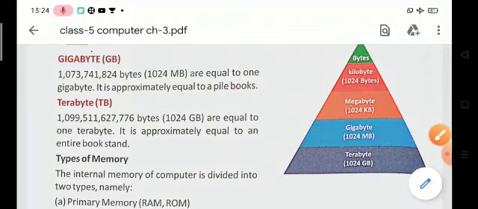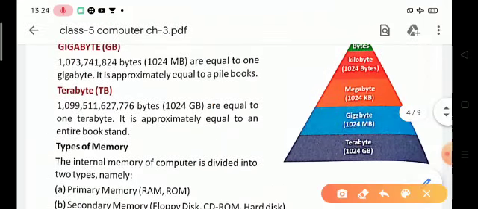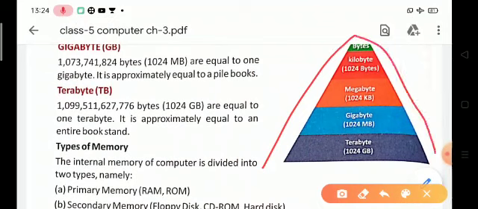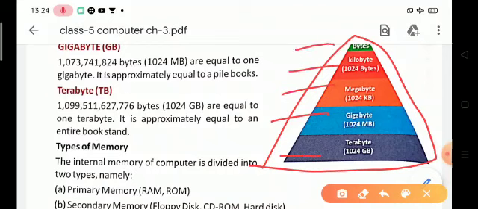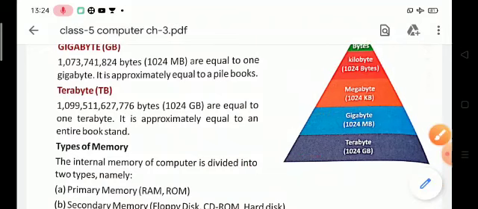Look at this hierarchy. This is the order of computer memory: terabyte, gigabyte, megabyte, kilobyte, and bytes. This is the descending order of memory.